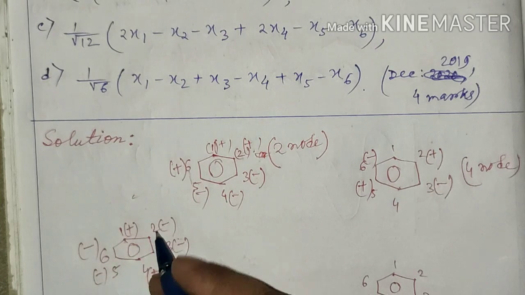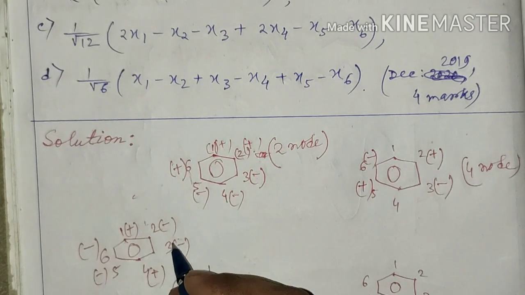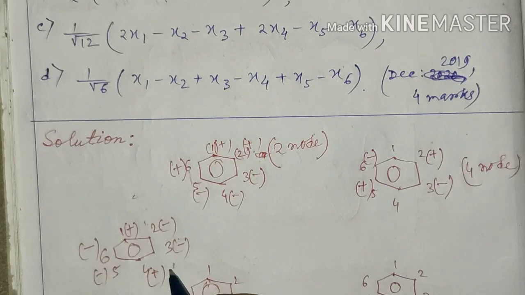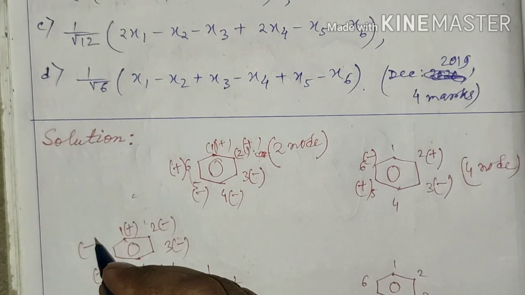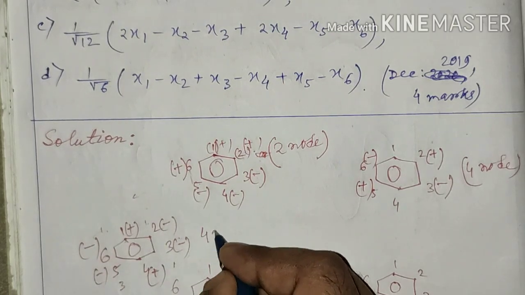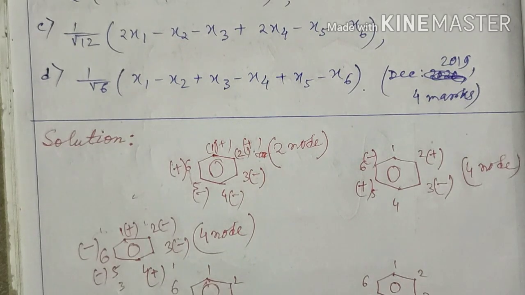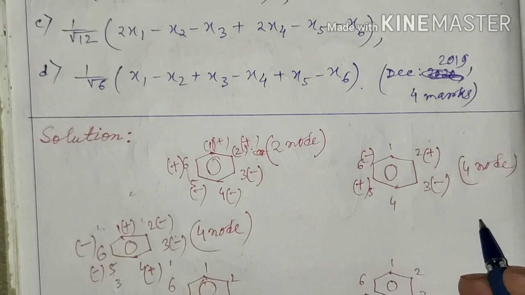That means it changes sign once, then again 2, then 3, this is the same, this is again changing sign, so it also contains 4 nodes. You can see for yourself how many times the wave function is changing its sign.